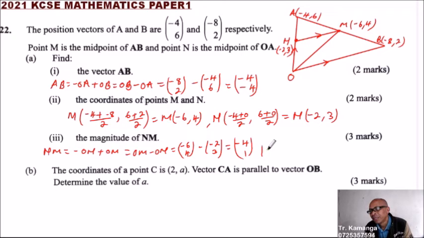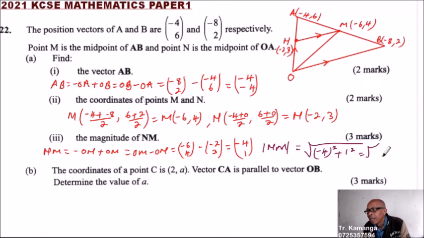To get the magnitude of NM, we say the magnitude of NM is equal to the square root of (-4) squared plus 1 squared, which is the square root of 16 plus 1, not 9, so the square root of 17.